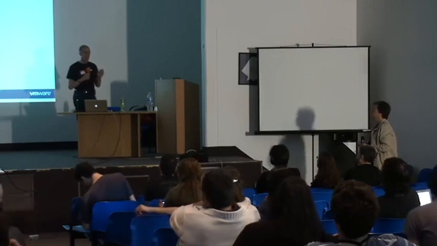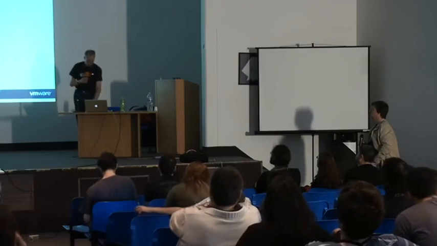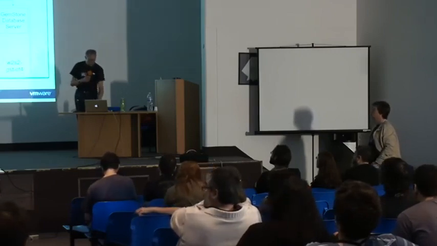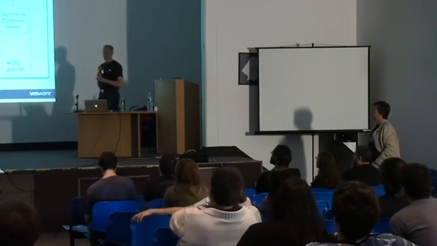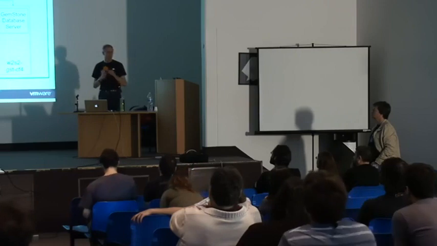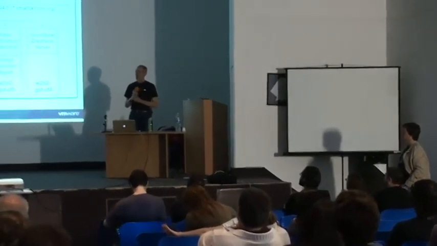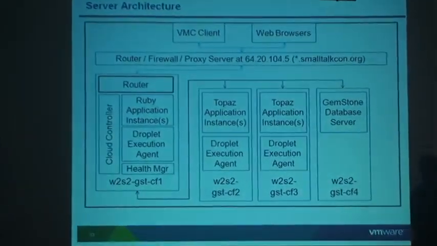So you would not have the traditional Topaz interaction. One of the characteristics of the Cloud Foundry architecture is that everything comes in from a web browser into port 80. You cannot get into Cloud Foundry except through port 80 and a web server, unless you're coming from a VMC client. So there's essentially two ways in.